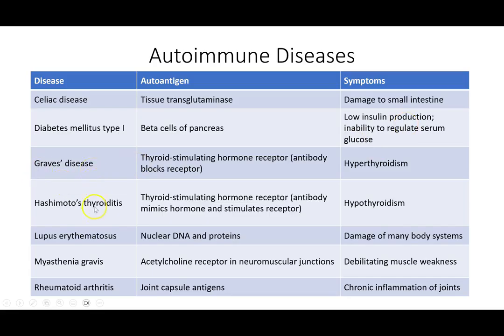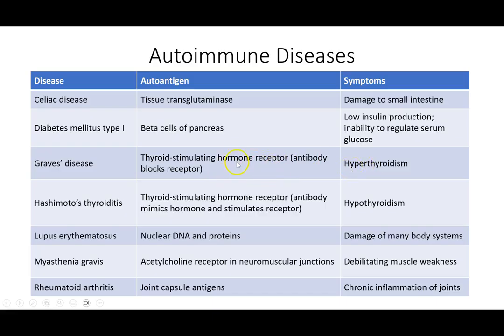Graves' disease and Hashimoto's thyroiditis are where the immune system is attacking something to do with the thyroid. So Graves' disease attacks the thyroid stimulating hormone receptor. So there's an antibody that's going to block that receptor, and this is going to lead to hyperthyroidism.